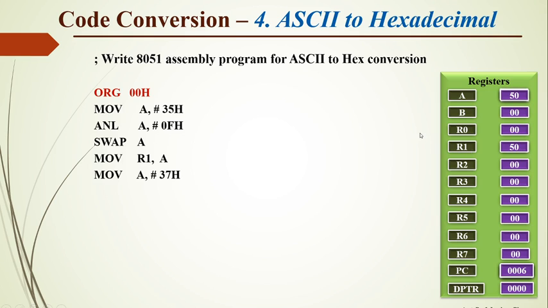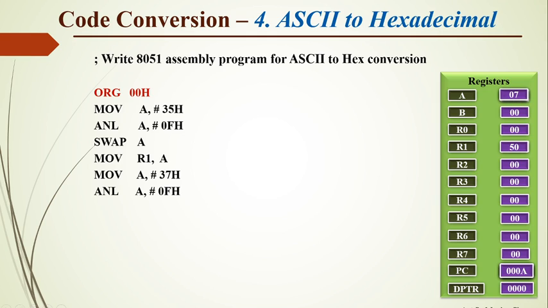Now load the accumulator with the second number, that is 37H. The accumulator will contain the value 37H after execution of this instruction. Again, to remove 30H from this number, we AND it with 0FH. So ANL A, #0FH will give the value 07H in the accumulator.